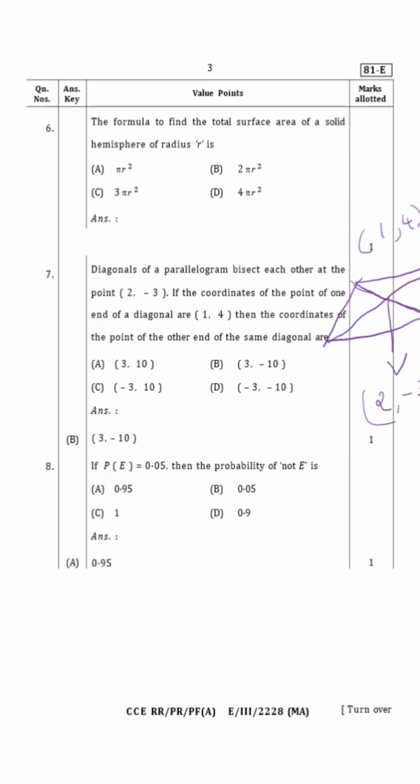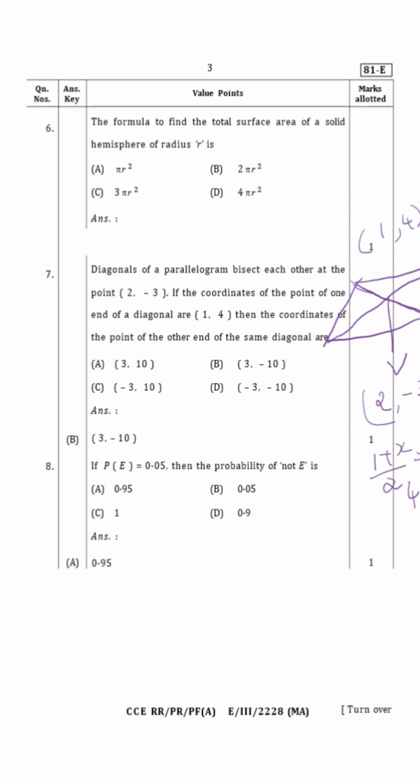(1 plus x) by 2 is equal to 2. So x is equal to how much? 3. Now let us find y. (4 plus y) by 2 is equal to negative of 3.